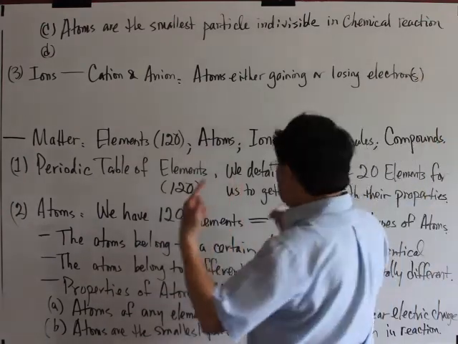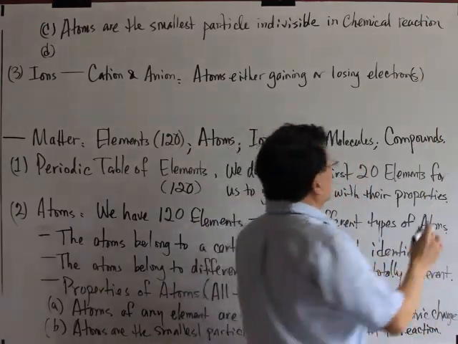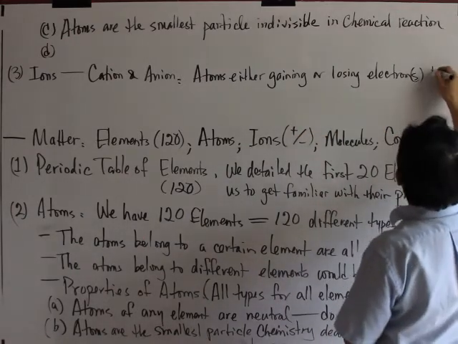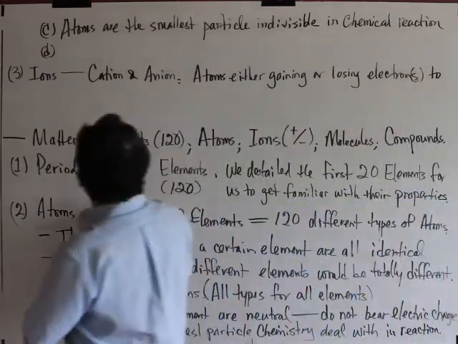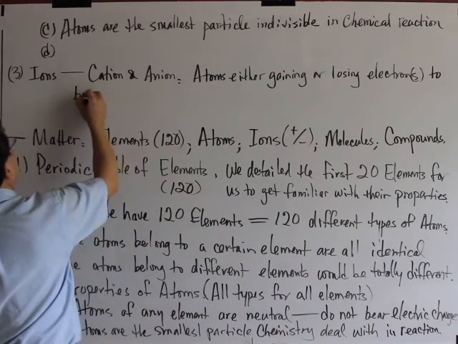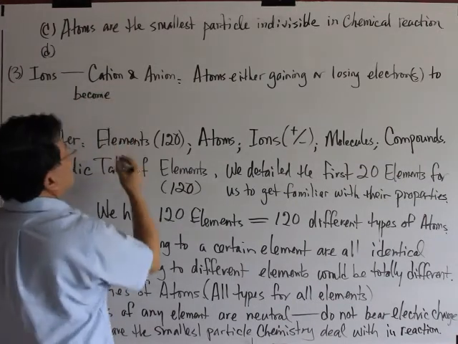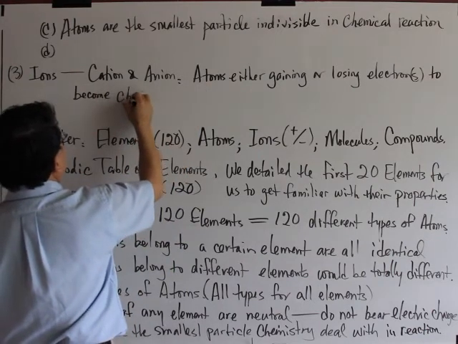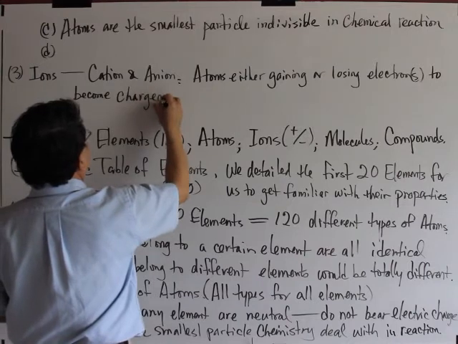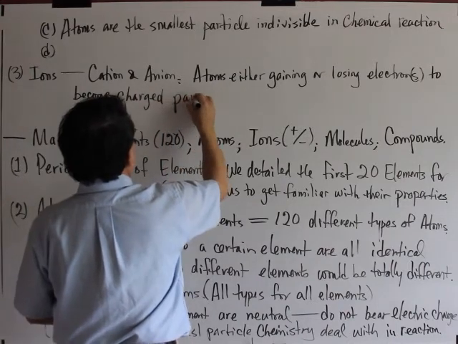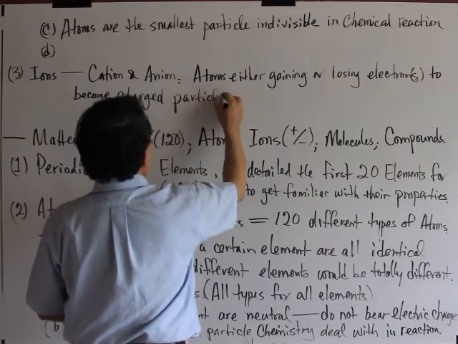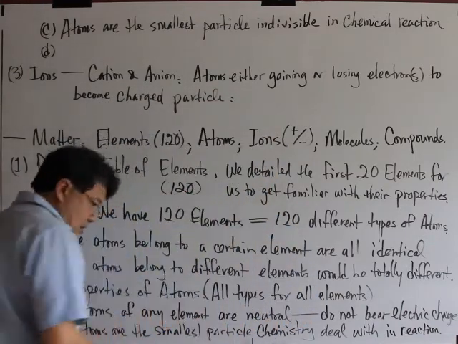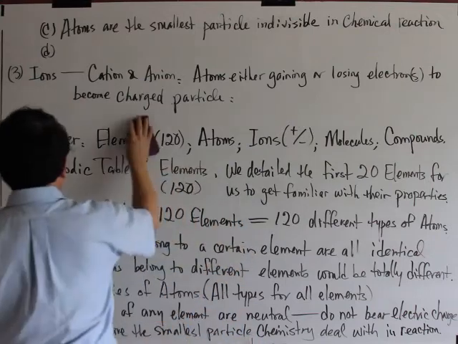Either one electron or more than one electron, to become what? The atoms become charged particles, right? So where does the charge come from? Let's go into detail a little bit.